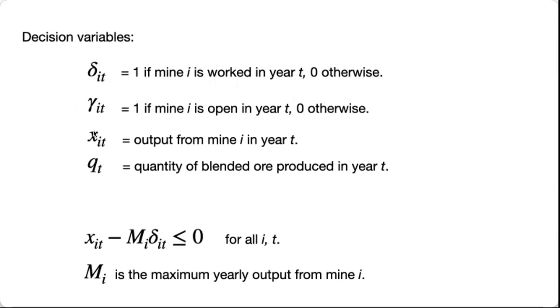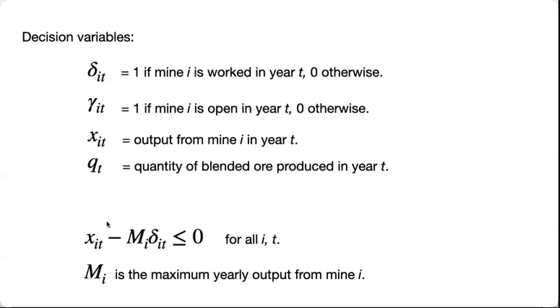XIT is not a logical variable, it's a real number. It is the output from mine I in year T. And we have QT, which is the quantity blended or produced in year T.